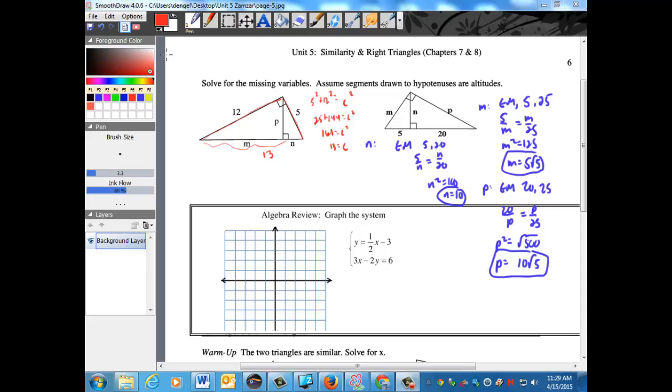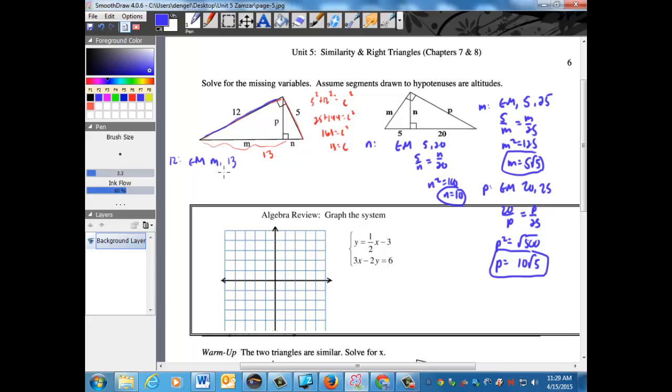So here's what I would do first. When we look at 12, 12 is a leg, and when dealing with the leg, it's going to be part and whole. So I'm going to find the GM, and again, this is for the leg 12, the GM of m, and then the whole is going to be 13.